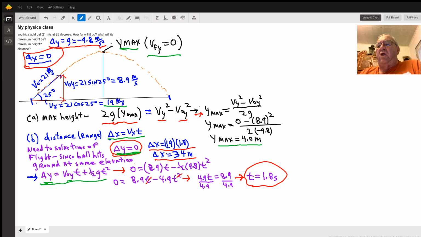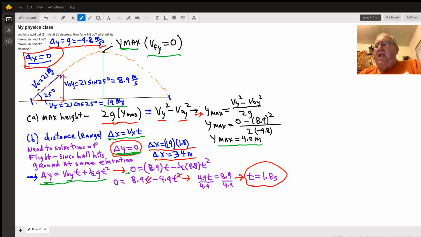I substituted and rewrote over here. 0 would be equal to that initial velocity in the y direction, 8.9, times the time, minus 1/2 little g, 9.8 t squared. That simplifies down to 0 is equal to 8.9 t minus 4.9 t squared.